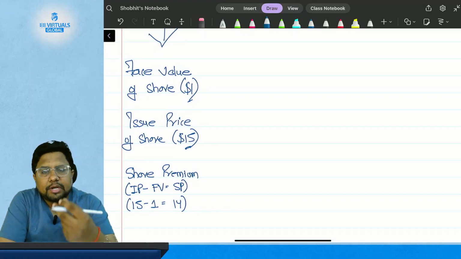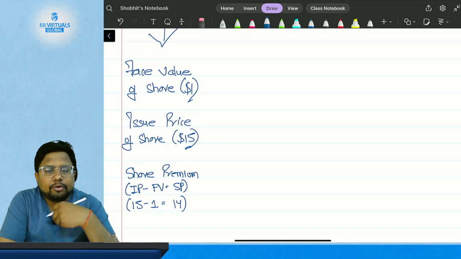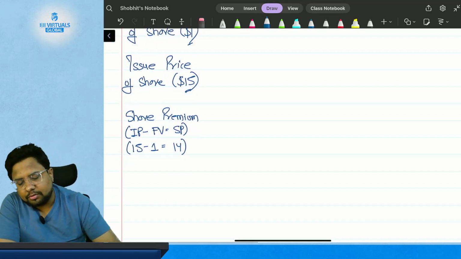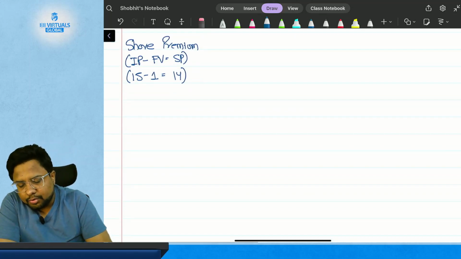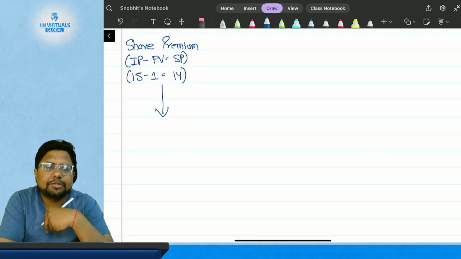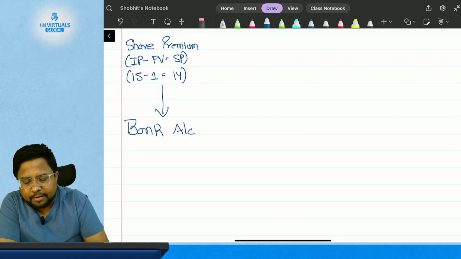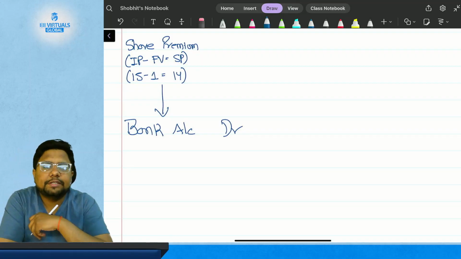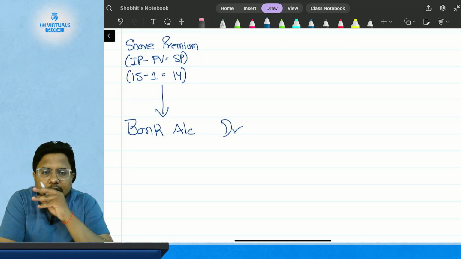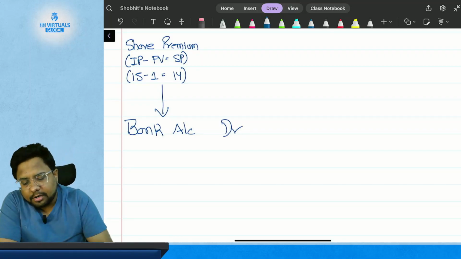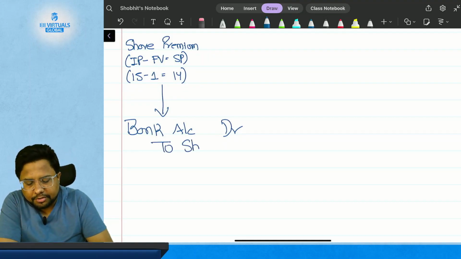Now, what is the journal entry to record when we issue the ordinary equity shares? As you are issuing these shares, you are getting money against it. As you are getting the money in the bank, your bank account gets debited. So the journal entry is bank account debited, to share capital.